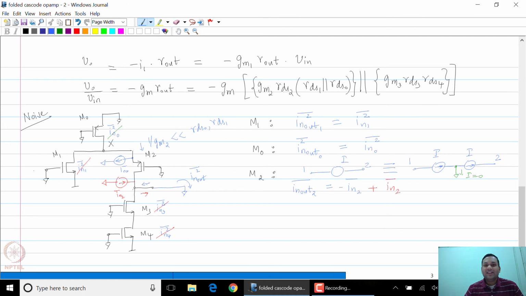As you can see, these two current sources are equal and opposite, and therefore this current is going to be 0. As you can see, there is clearly no noise generated from M2 at the output. And therefore, this we have seen before even for the regular cascode. When we analyze the noise for the telescopic op-amp, you do not expect noise from the common gate structure, especially at low frequencies.